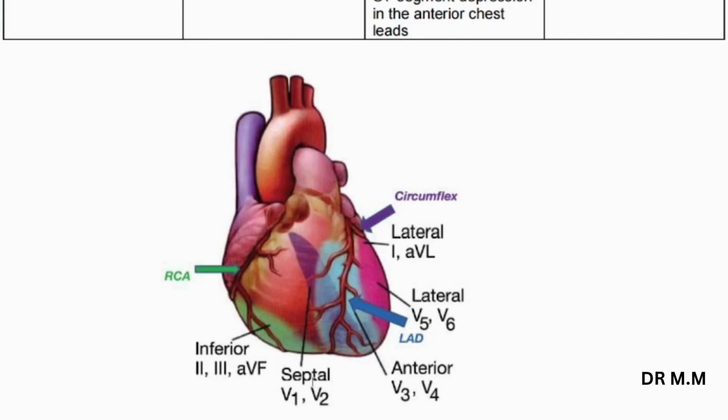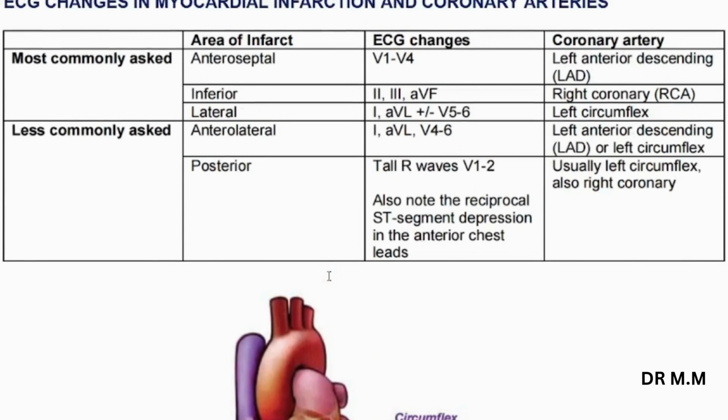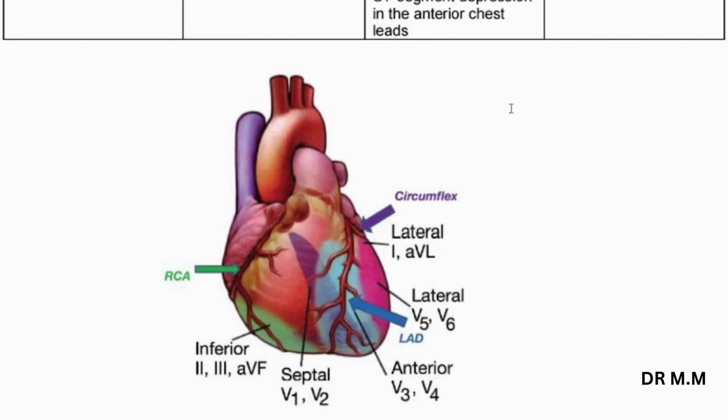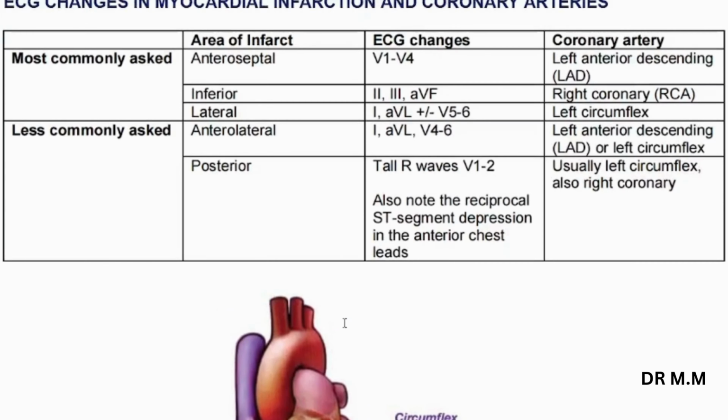And when we can see the change in these leads, we can say that the patient has anteroseptal myocardial infarction, and the involved artery would be the left anterior descending artery, which we can see in this photo.